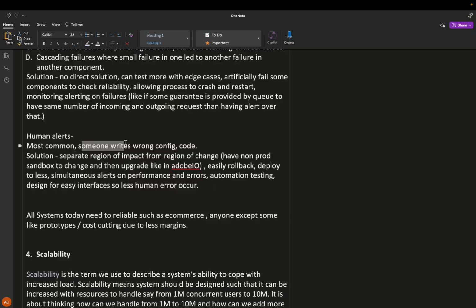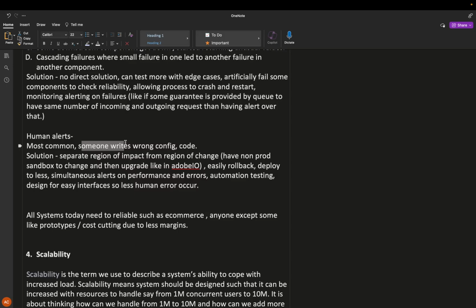What I mean by this is, you merge your code in dev, right? And you see the change in dev, right? Once you know dev is working fine, you merge to stage and then you merge to prod, right? So you have separated the region of impact, which is prod, from the region of change, which you have done in dev at first and then stage.